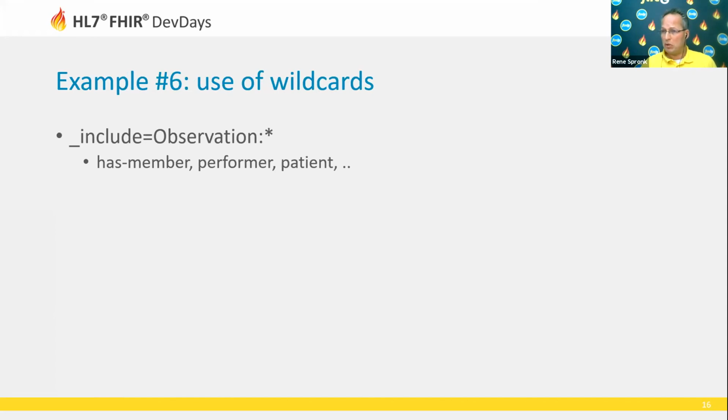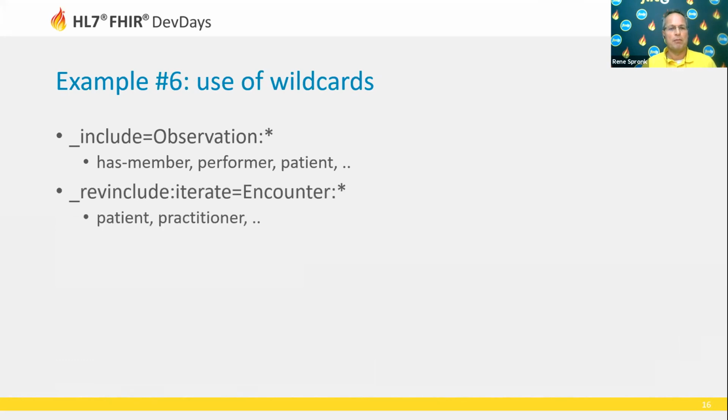So if you go to the documentation and look at observation, you will find that observation has quite a few search parameters of type reference. For example, has-member, performer, patient, etc. So by using this include observation : star, I'm going to include, well, all those things that are referenced by observation in my response bundle.